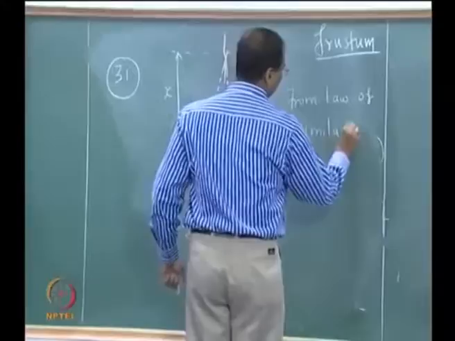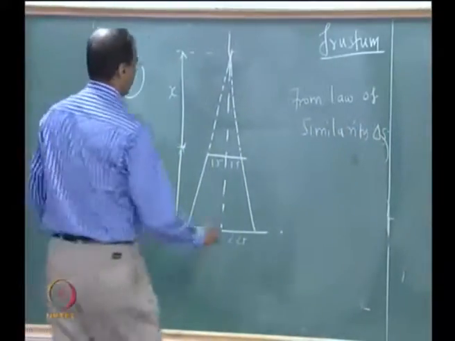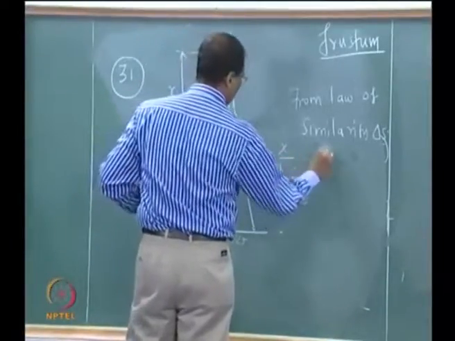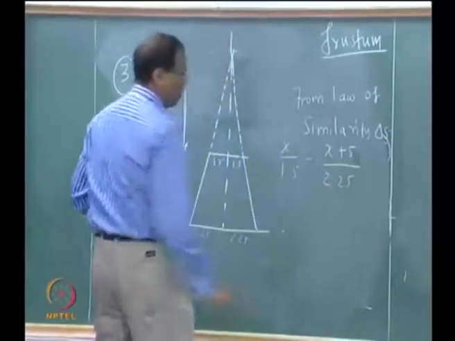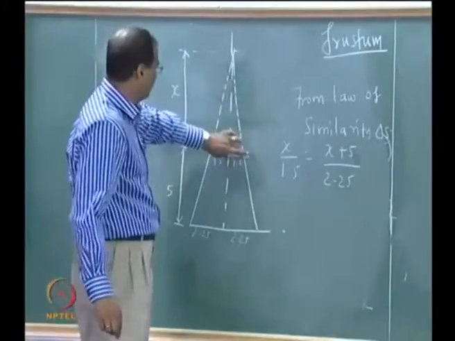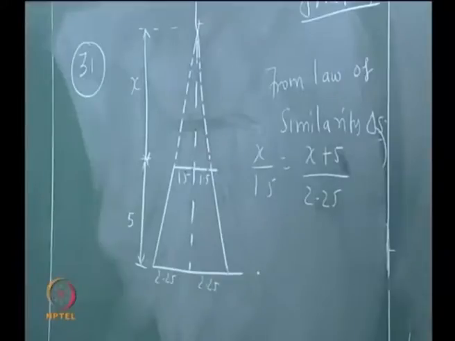The law of similarity triangles, x divided by 1.5 is equal to x plus 5 divided by 2.25, is that correct? Okay. x divided by 1.5 is equal to x plus 5 divided by 2.25. Vikram, is it okay?